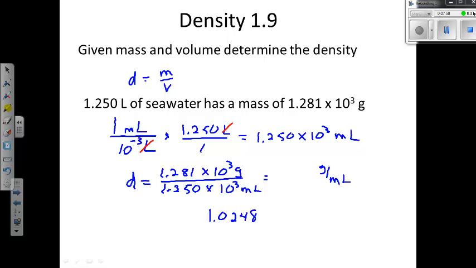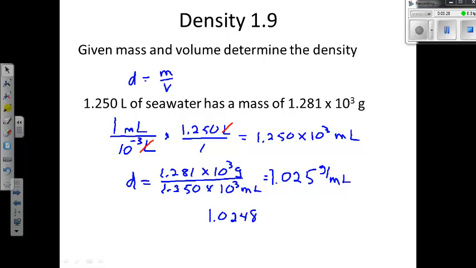But I better check significant figures. 1.281 has 4 significant figures. 1.250 has 4 significant figures. So my answer better have 4 significant figures too. 1.025, right? I have to round. And that's my density of seawater.